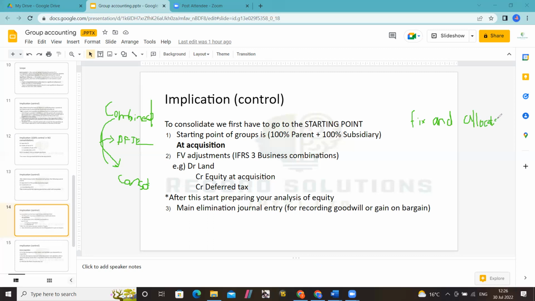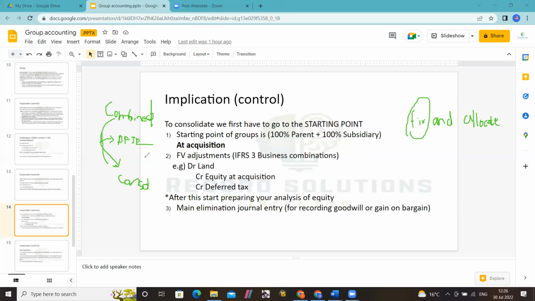Like I said, what happens on a separate level and on a group level is always different. So these pro forma journal entries just fix and allocate, but in most cases they fix. But I will also show you when you allocate. These allocation journal entries are not as many as these fixing journal entries.